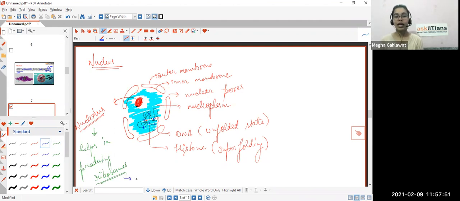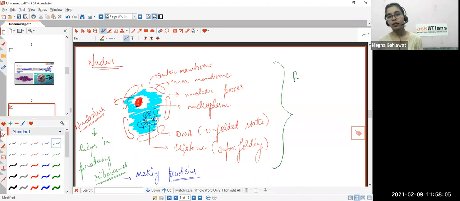Ribosomes basically help in making proteins. Now that being said, this is the entire nucleus that you need to revise, and this is the brain of the cell. It controls everything inside the cell. Every instruction is basically controlled by the nucleus.